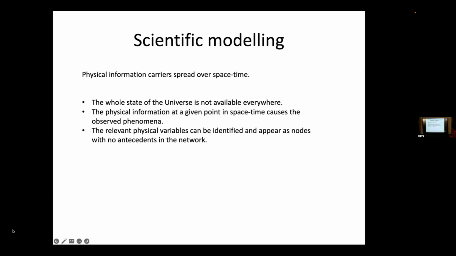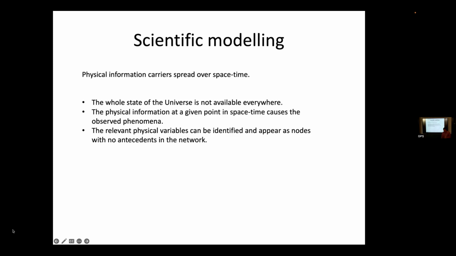But we still think we have some sort of local causality. So to predict what is happening here depends on the variables that are here and not on the variables that are in Barcelona. I cannot predict what is happening in Barcelona because I don't have access to those variables. But if I had access, maybe I could predict it.